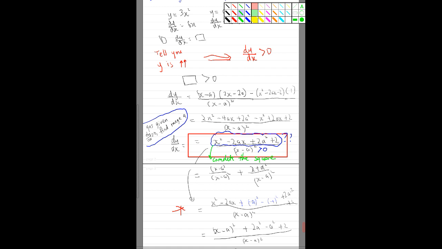So what happens when we complete the square? The final answer looks something like this. So this is my final answer, and let's look at the steps for completing the square.